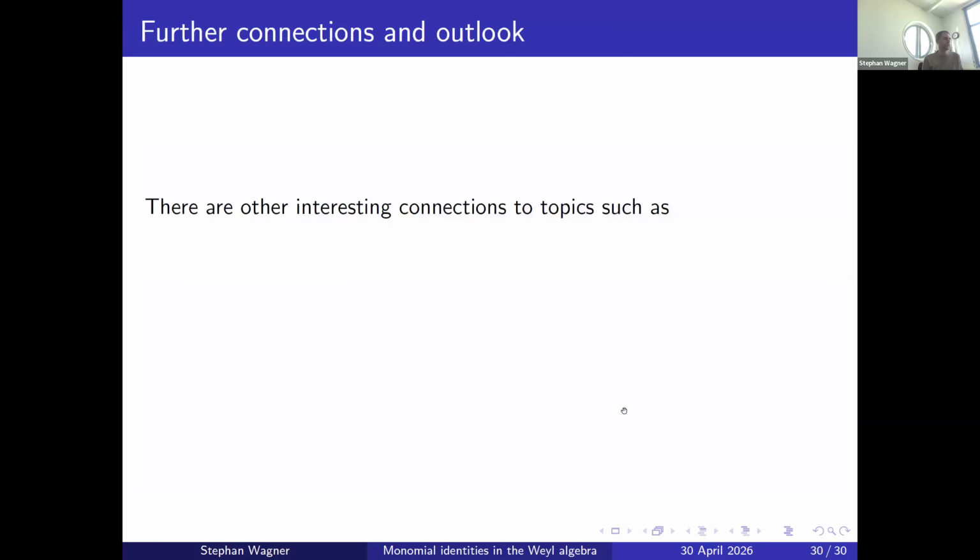And let me conclude. There would be other interesting connections. There is more, and you can look it up in our paper if you want to. Connections to other topics such as rook polynomials and rook theory, if you know what that is.